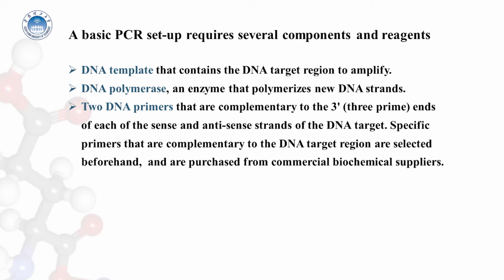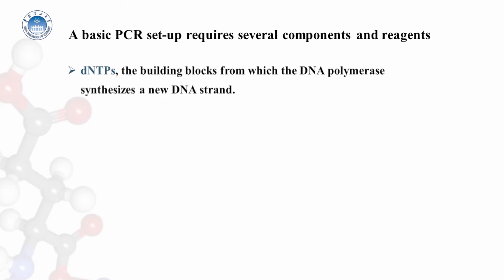Specific primers that are complementary to the DNA target region are selected beforehand and are purchased from commercial biochemical suppliers. dNTPs, the building blocks from which the DNA polymerase synthesizes a new DNA strand.